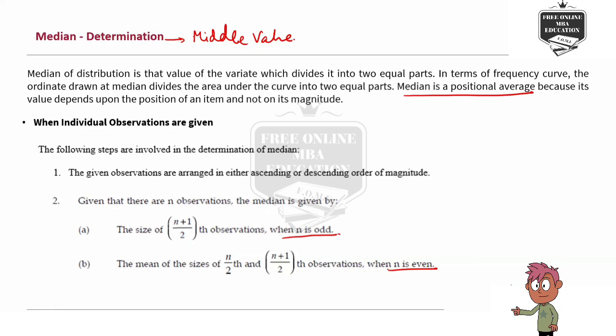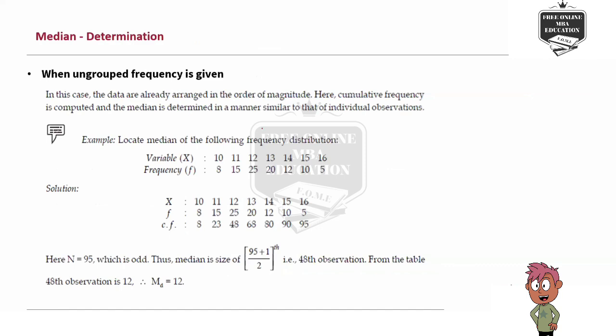Just remember that even if the question is written in a jumbled form, you have to write it in either ascending or descending order. Here, as we could see, it is already given in increasing fashion, so there's no need of it.